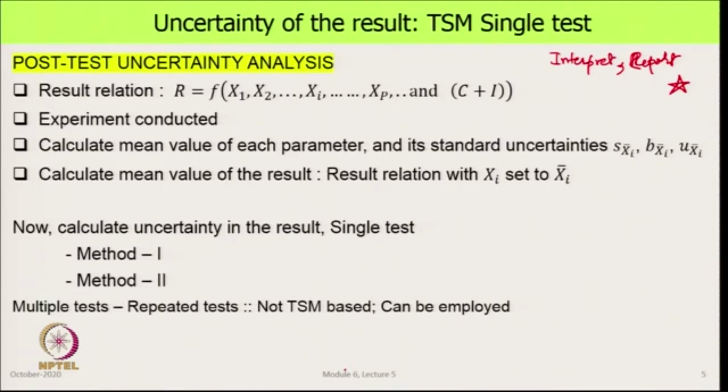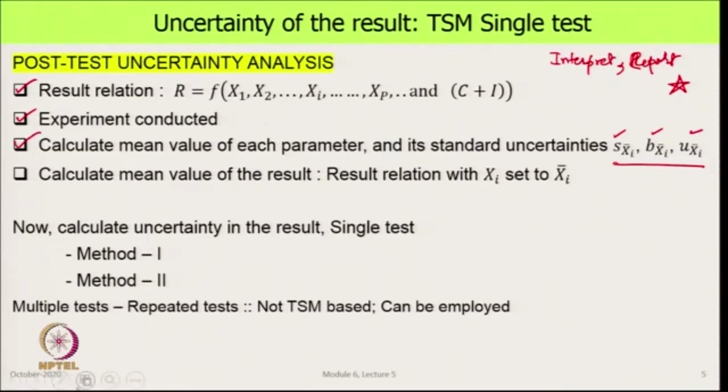Now, what we do in the post-test uncertainty analysis is that we have the result relation there. We have conducted the experiment. We calculate the mean value of each parameter and its standard uncertainties, which are the combined one as well as the random and systematic.